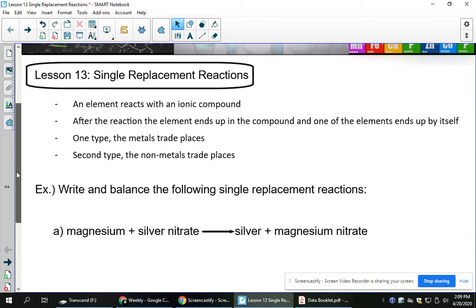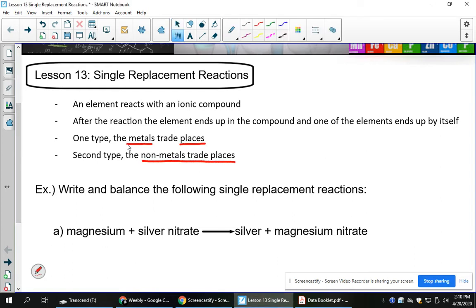One way is that you might have two metals switching places, or the other way is two non-metals switch places. You're not going to have a metal trade places with a non-metal. That just doesn't happen.